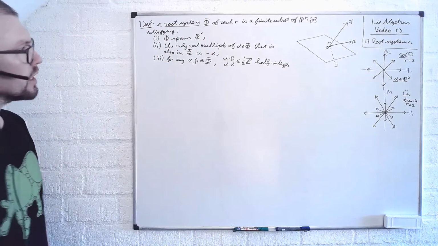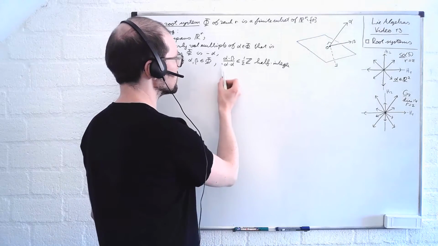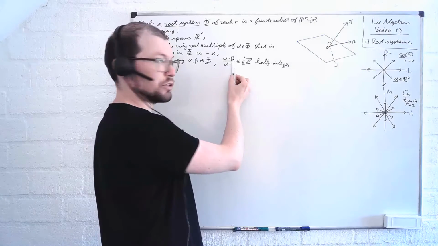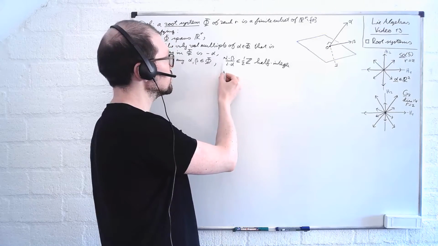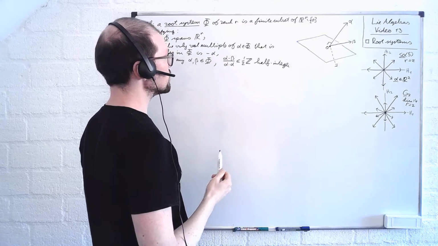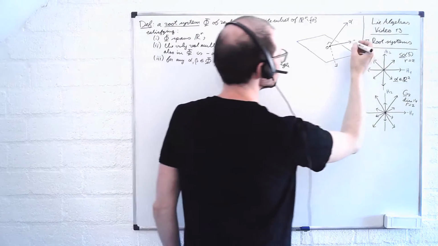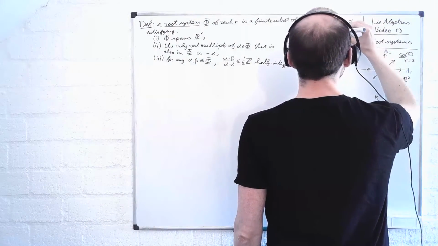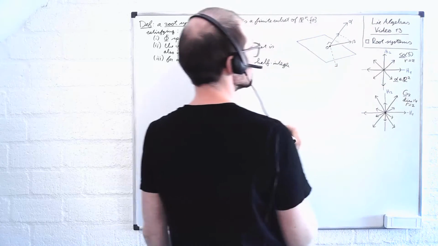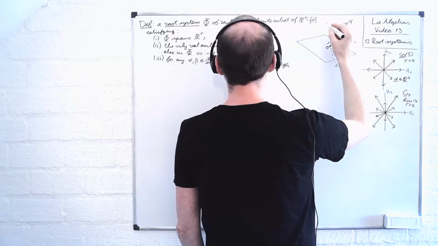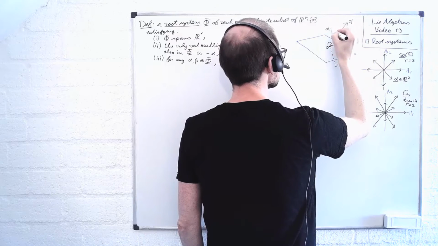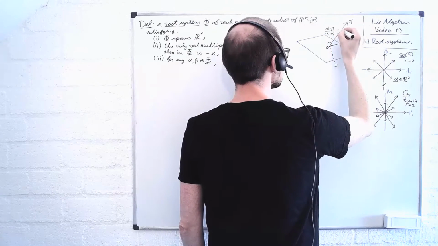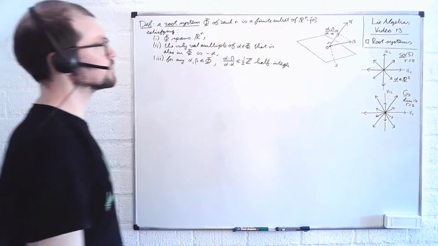Well, note that this combination is really about projecting the vector beta along the vector alpha. So in particular, if I draw this here, this particular vector, this projection, is exactly alpha dot beta over alpha dot alpha times alpha.